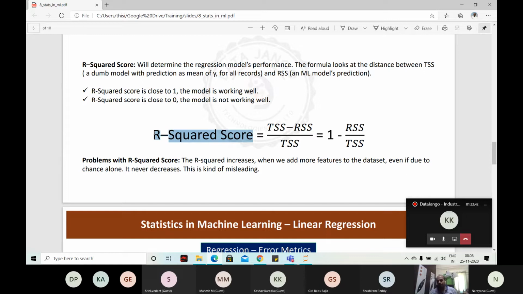When you get a negative R square score, you did something fundamentally wrong. You should go back and check the total code. So there is a possibility, but most of the time it will be between 0 and 1, and it will never be greater than 1. But negative numbers can be big numbers also when the model is not working well at all.